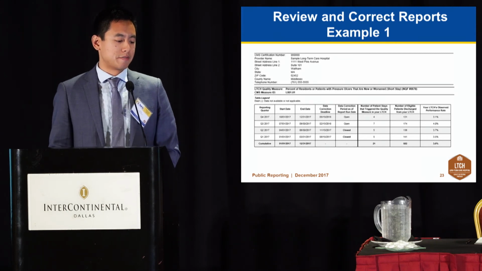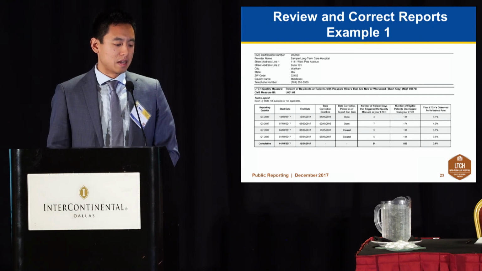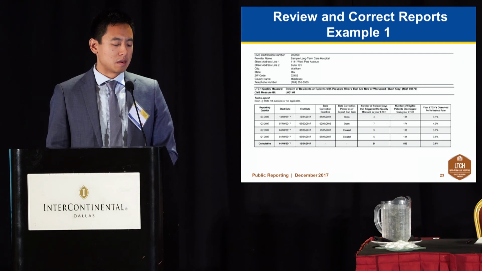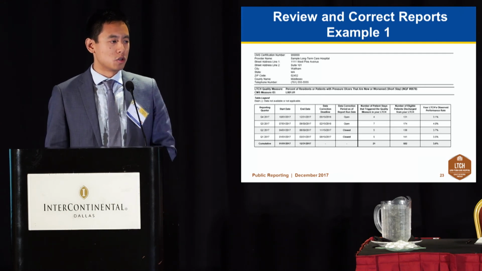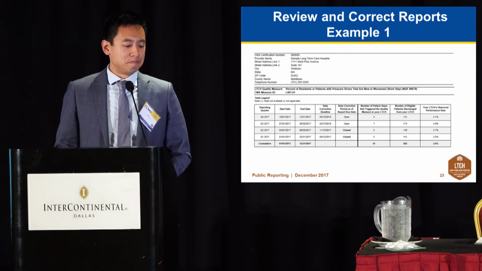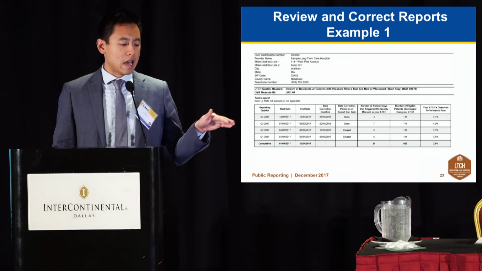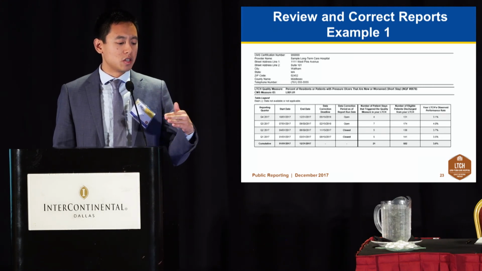The first column is essentially your numerator. The next column is your denominator, and the last column is the observed performance rate, which is the numerator divided by the denominator times 100. You'll see quarterly rates and then your cumulative rate.